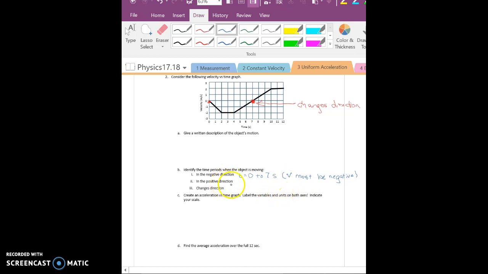To find when the object is moving in the positive direction, I look for v is positive. Velocity is positive from time equals 7 to time equals 12 seconds. The object changes direction when the velocity passes through 0, and that happens at time 7 seconds.